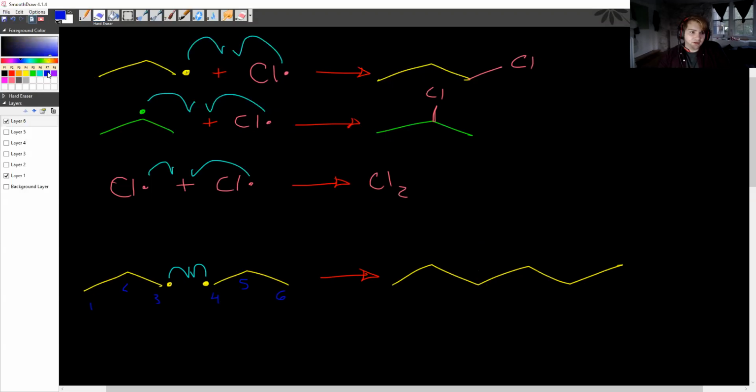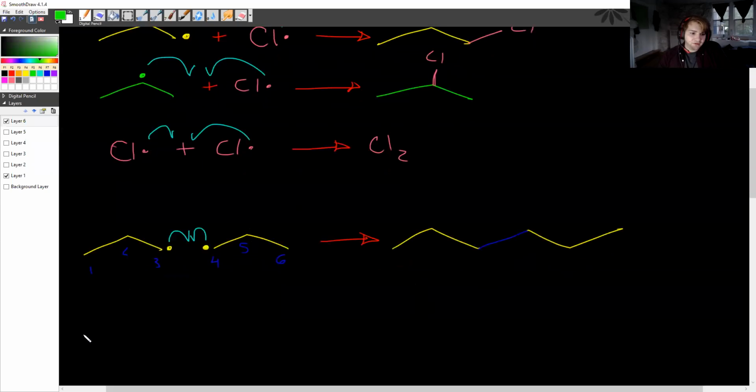Whereas this is the new bond that was formed. Well, that's not great. What if we had 2 of our secondary ones hook up? Well, that's totally valid. That's a totally valid thing to happen.